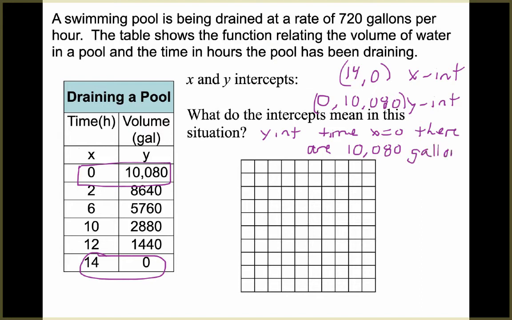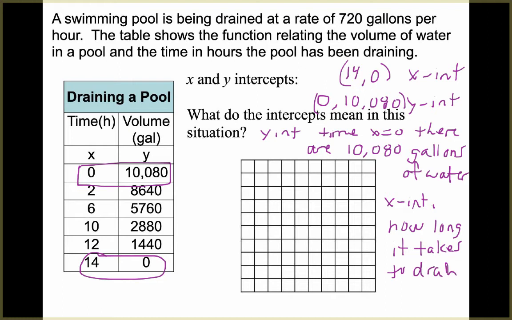So that's what the pool holds when it's full, or when we started draining it. The x-intercept tells us how long it takes to drain the pool, because when we get to y equals 0, that means there's no more water in the pool. So it takes, in this case, 14 hours to drain this pool.